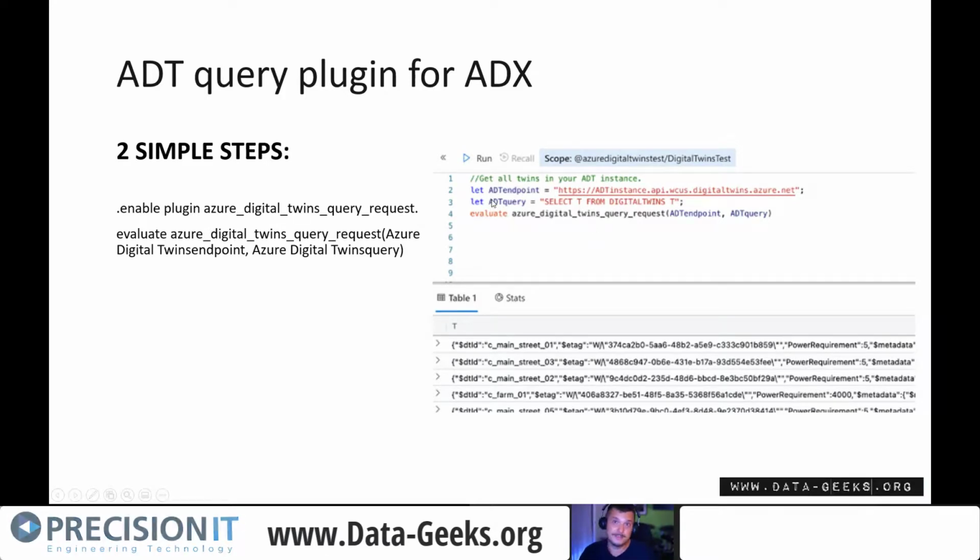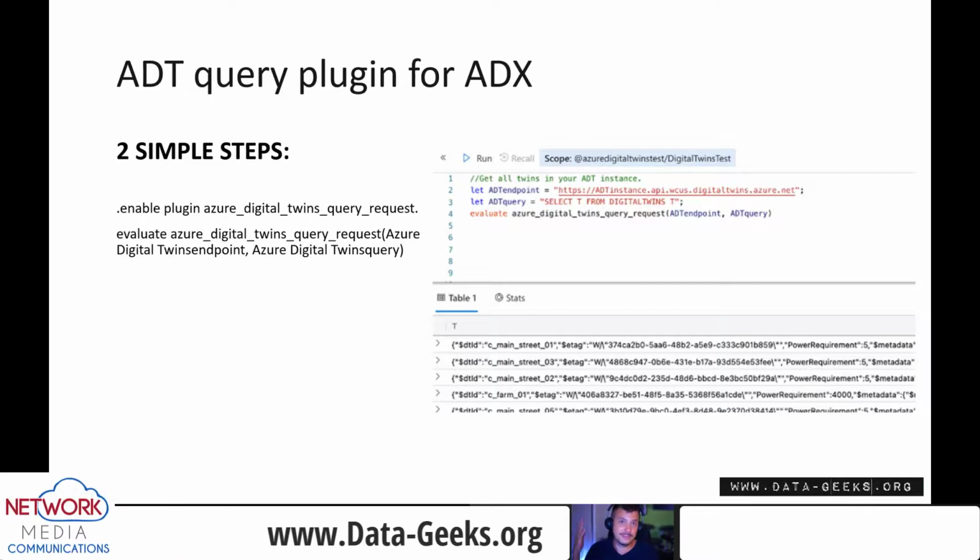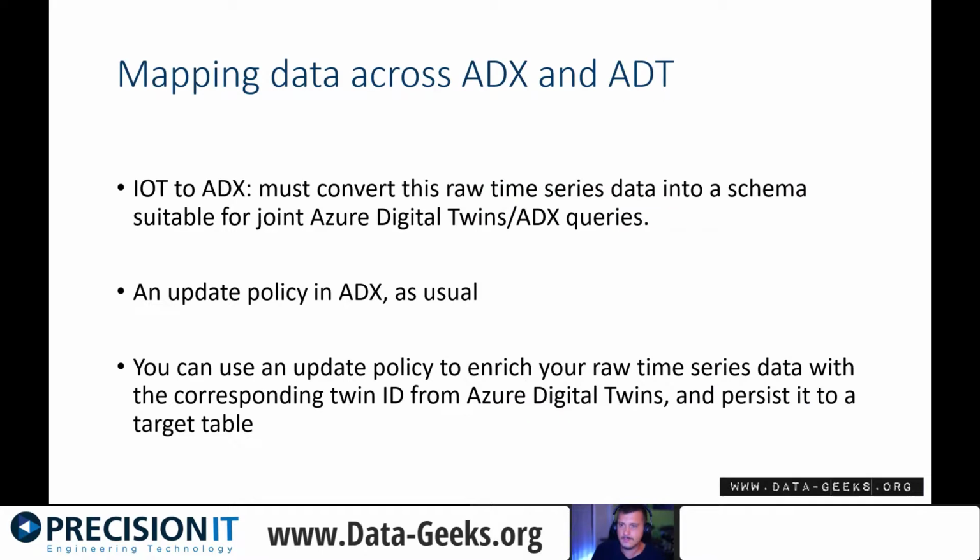And the second one is the query that you want to run in the digital twin service, so select some group of digital twins. And when you use evaluate inside a larger query, you can have the bridge between these two kinds of service.